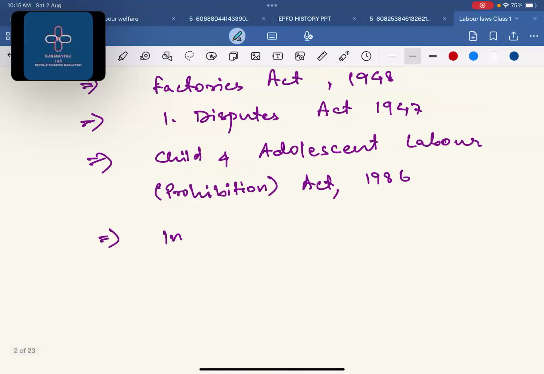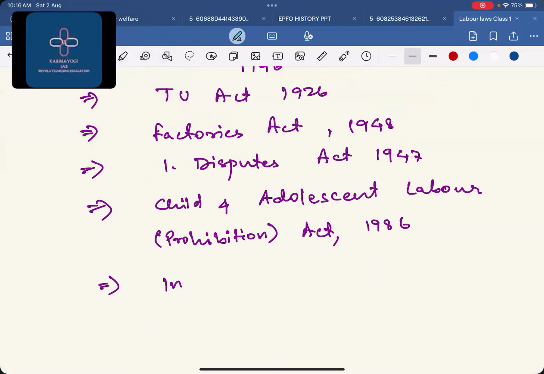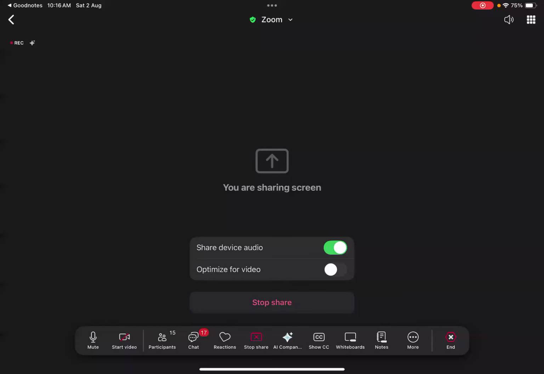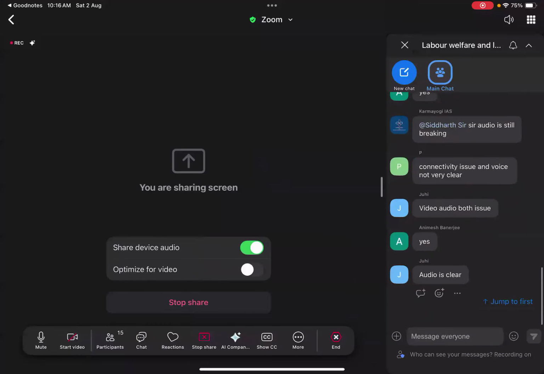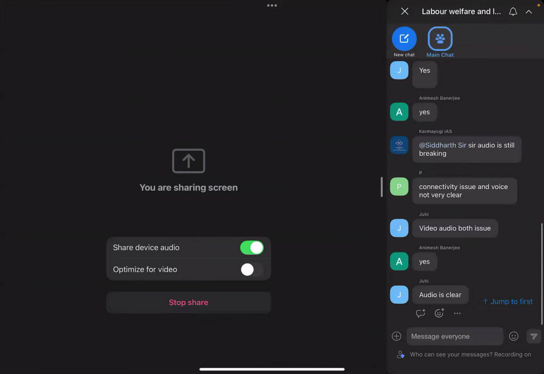Now video will also be clear because I have connected with another connection. Fine.